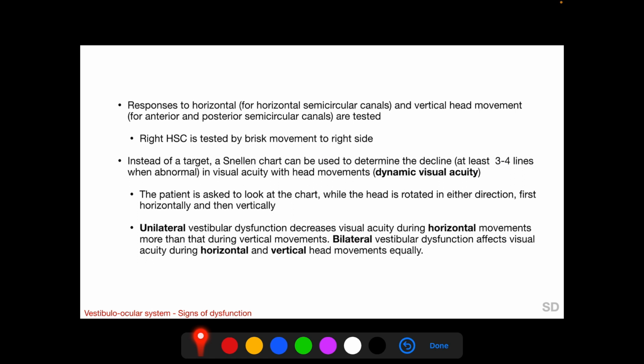This happens because under normal circumstances, when the head is rotated horizontally towards one side, only the ipsilateral horizontal semicircular canal responds, whereas when the head is rotated vertically downwards, the anterior semicircular canals of both sides respond together, and when the head is rotated vertically upwards, the posterior semicircular canals of both sides respond together.